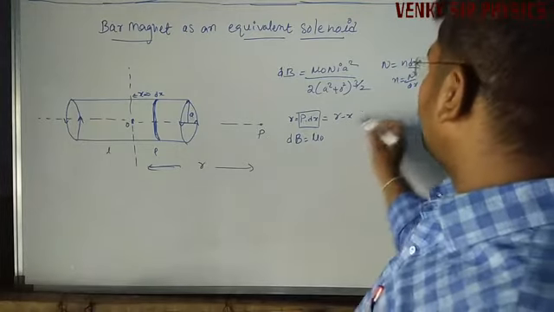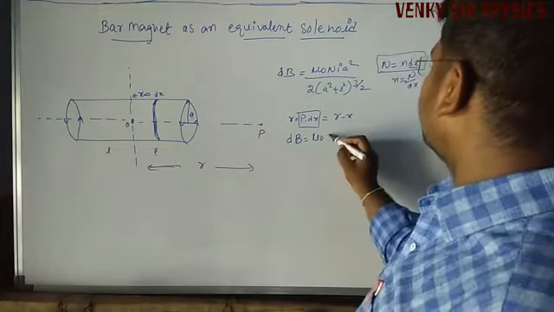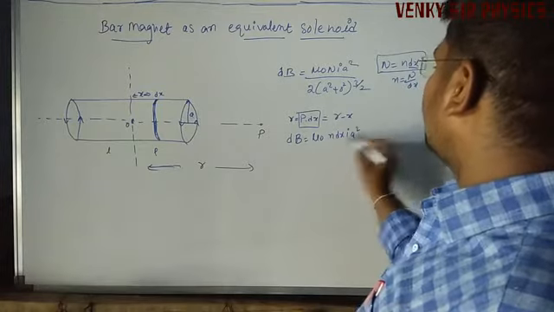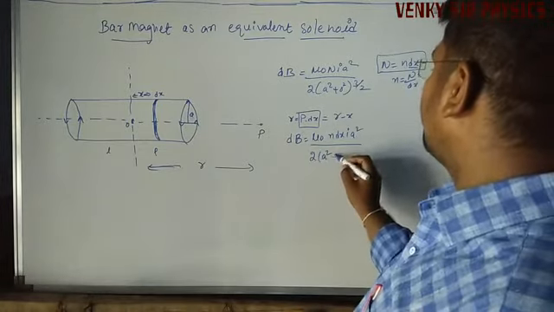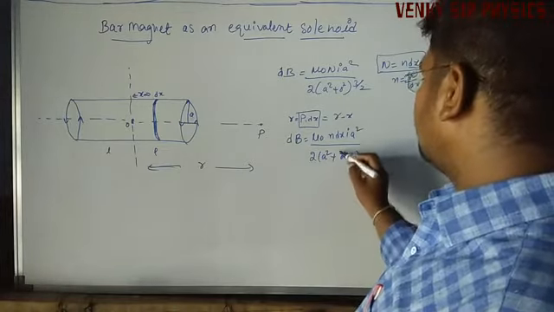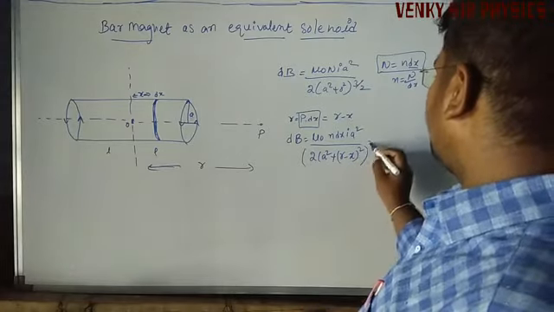So we can write dB = mu naught n dx I a square divided by 2 into (a square plus (r minus x) whole square) whole power 3 by 2.